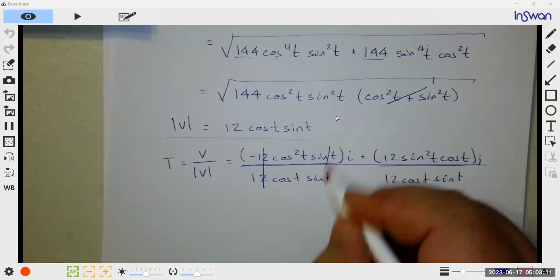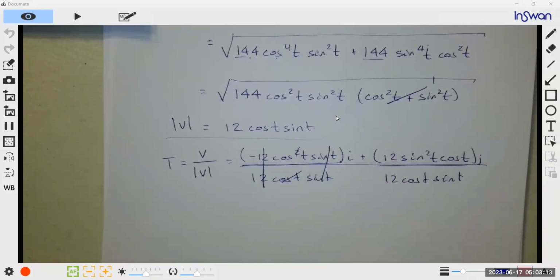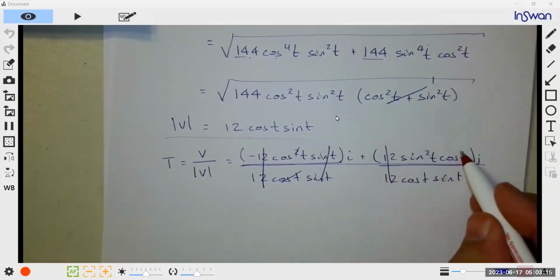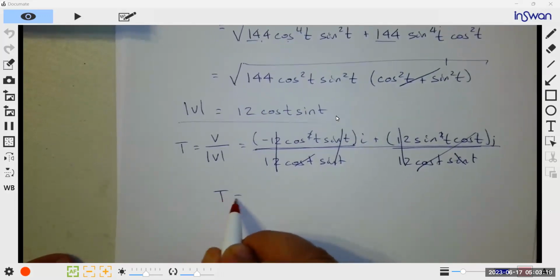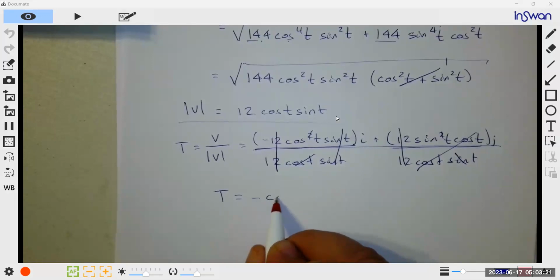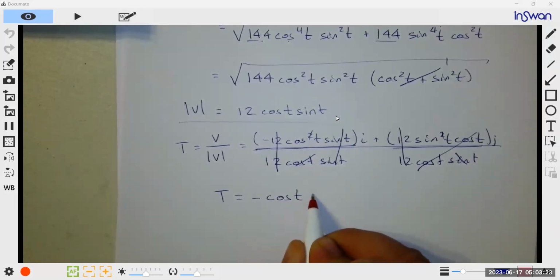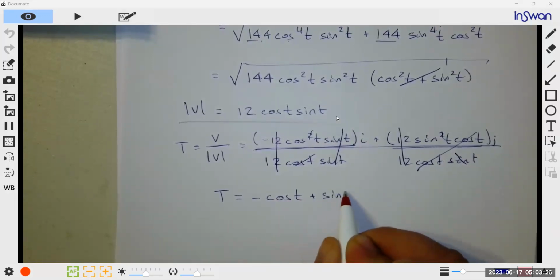12s cancel, sines cancel, 1 cosine. 12s cancel, cosines cancel, and 1 sine. So T equals negative cosine T i plus sine T j.